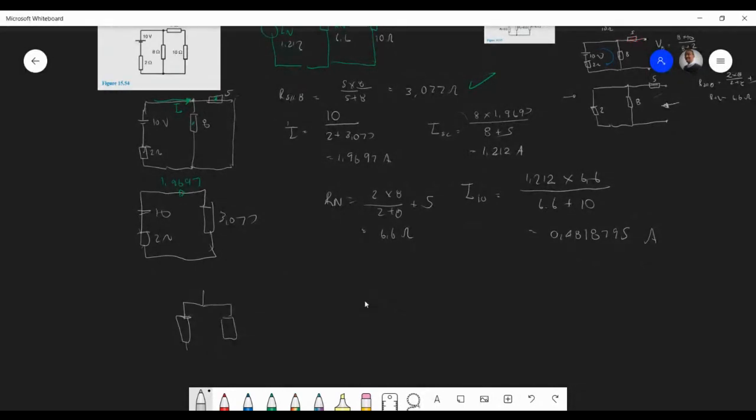I've done this a few times before. And this is going to be the 5 and the 8. But remember, we are concerned with the current going to the 5 ohm resistor. So then we use current division, and then we can find the current going through that line over here. Then you use current division, and we get your I Norton or ISC. And we put it is 1.212.